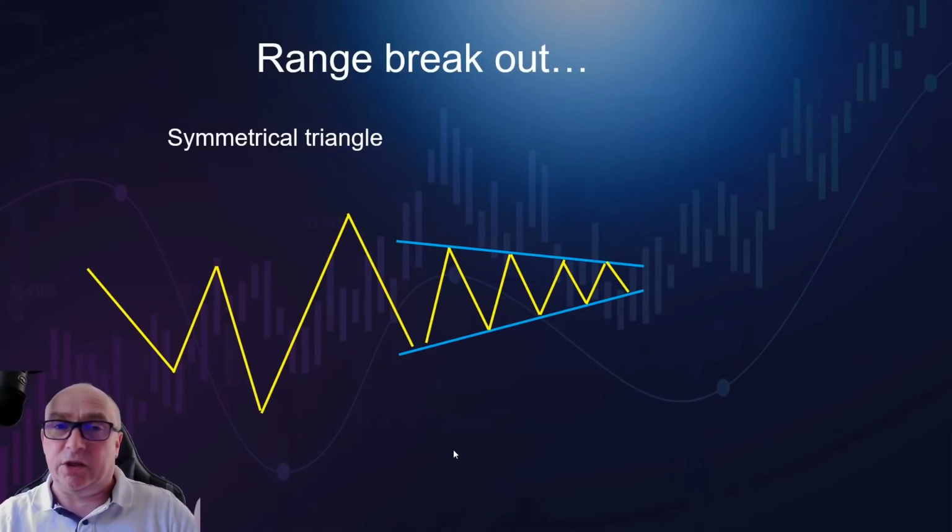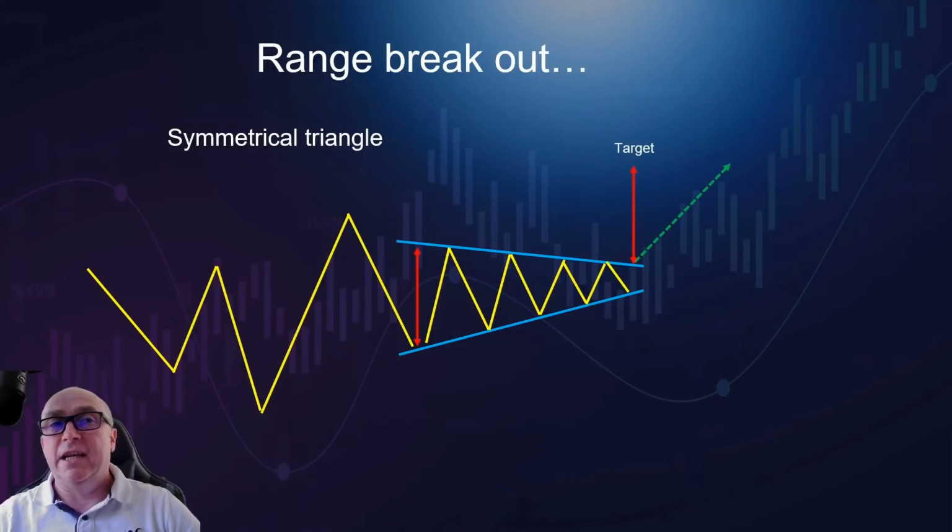Now typically a trader could use this by looking for a breakout from the upper or lower edges of that triangle. So they may take a long trade if it breaks up to the upside, knowing now that price is waiting to basically make another explosive move in either direction. And typically what they might do there is have a target price, which is the same as the base of that triangle.